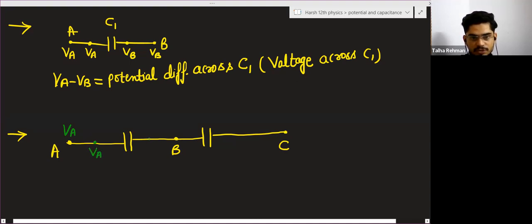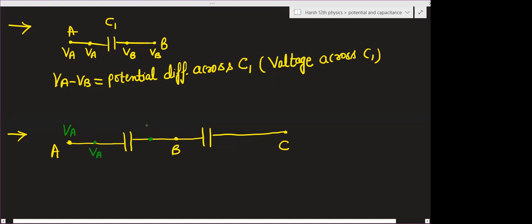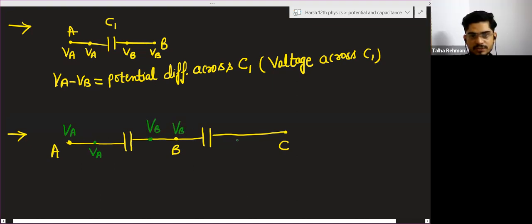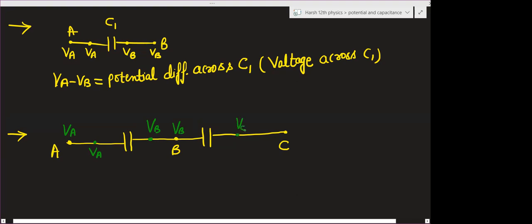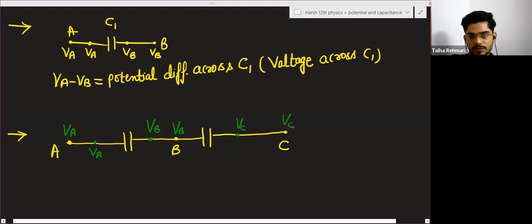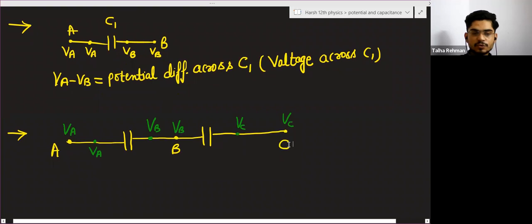When you cross this, VB. Here is VB, here is VB. When you cross this, VC, and here is VC.